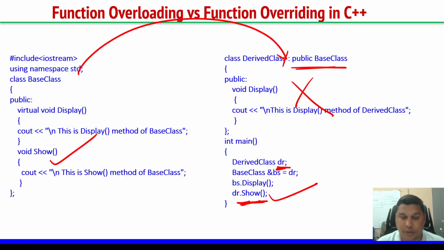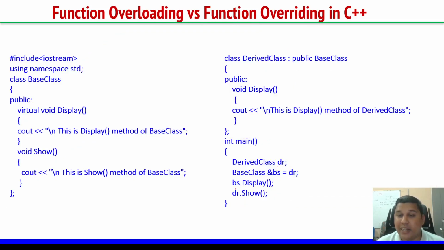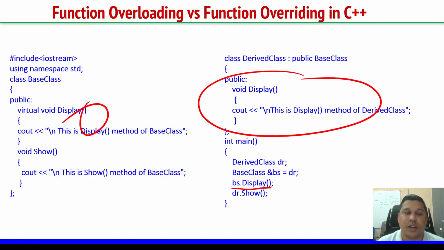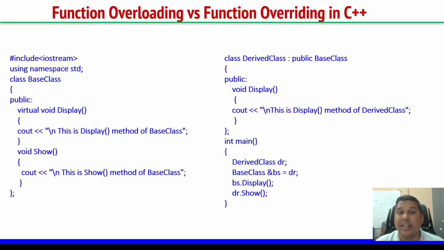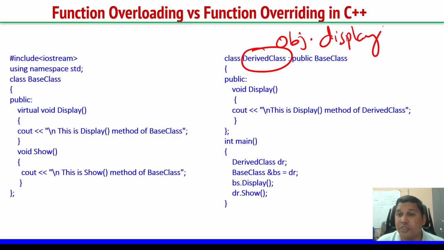See here, I am trying to create a base class object BS and I am assigning it with dr. When I write BS dot display, it will execute the derived one, because using the child derived class object, if I call the display function, it will refer to its own local function.